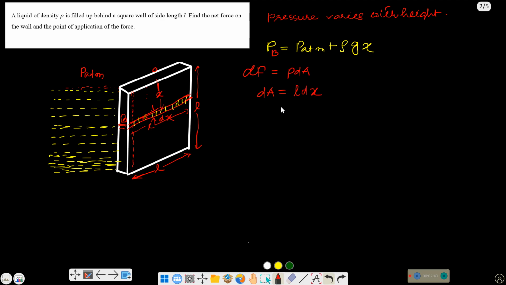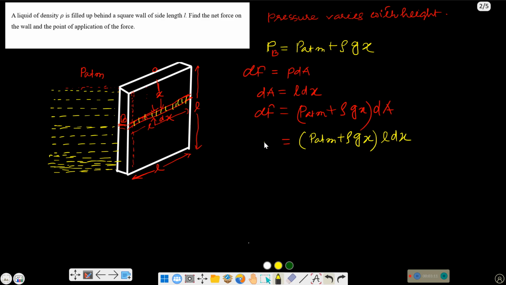So the force on the small elemental area, dF, is p atmosphere plus rho g x into dA, and dA is your L dx. So this is your dF.